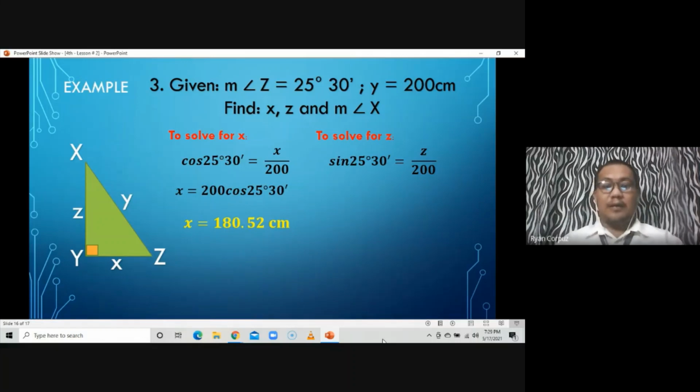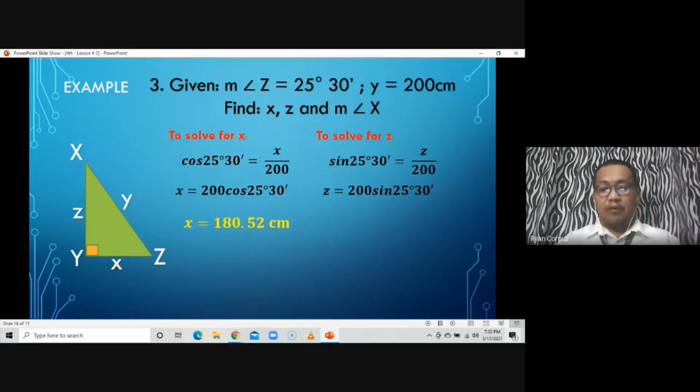Same way ng solving ng ginawa natin sa x. So, we'll come up with cross multiplication over 1, so 1 times z. It should be z equal to 200 sine 25 degrees 30 minutes.